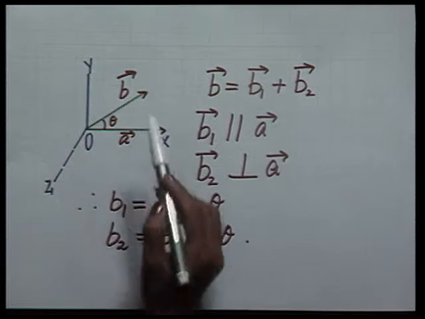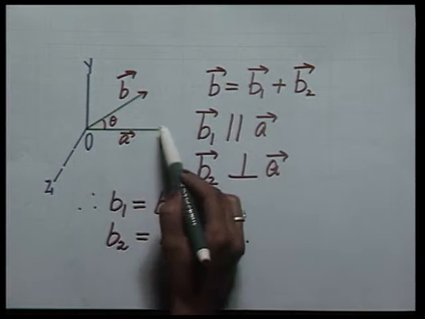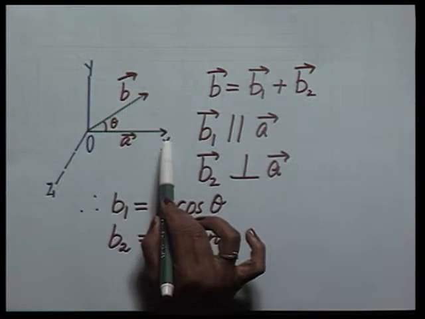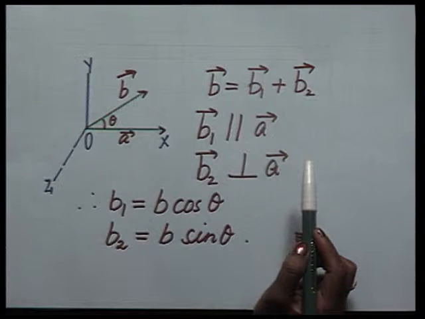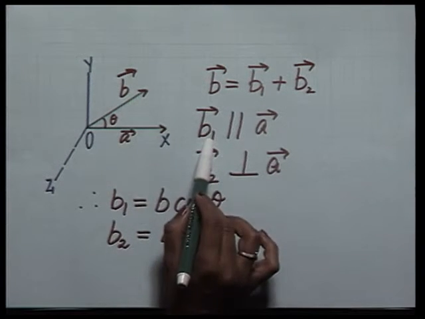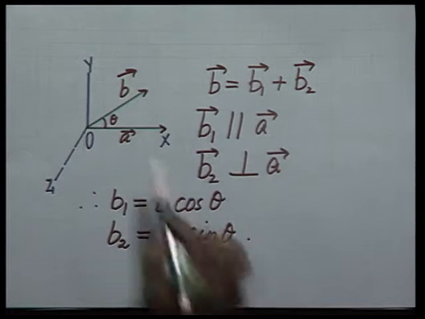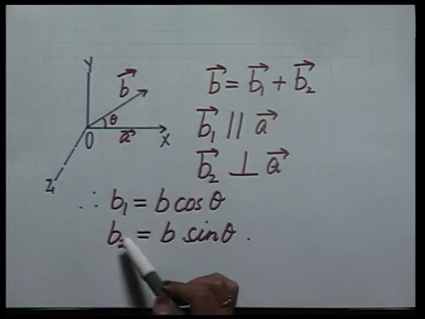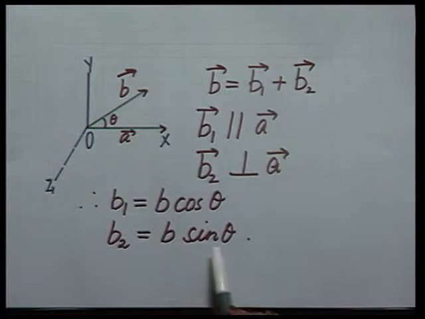In other words, I can write vector B as the vector B1 plus the vector B2, where B1 is parallel to A and B2 is perpendicular to A. Clearly, the magnitude of the vector B1 will be B cos theta, and B2, which is the component of B in the perpendicular direction, will be B sin theta.